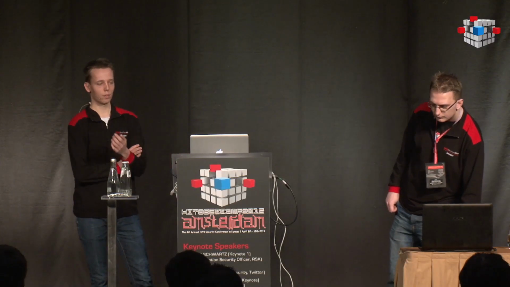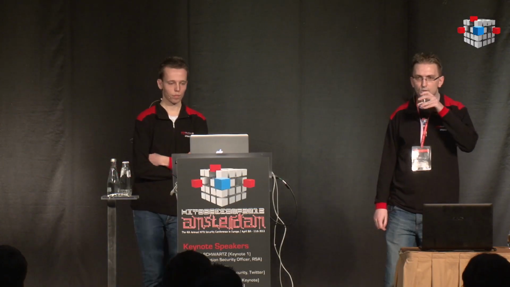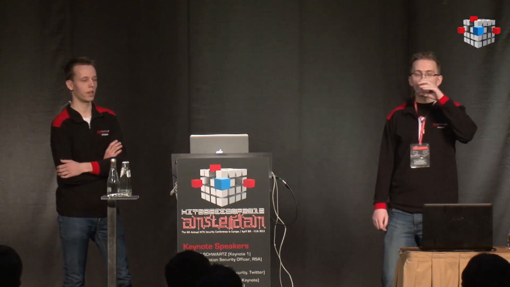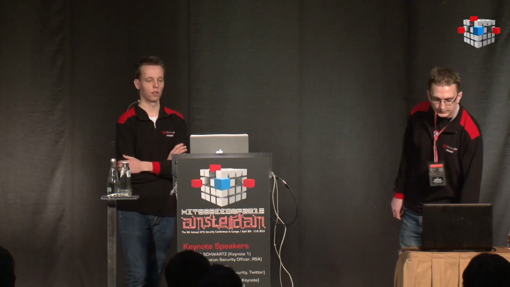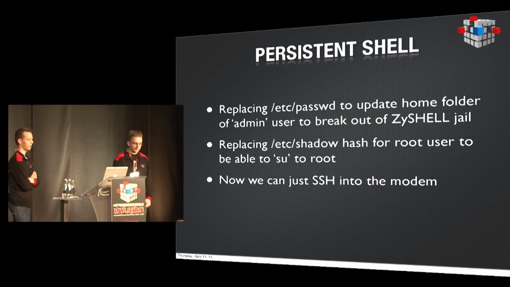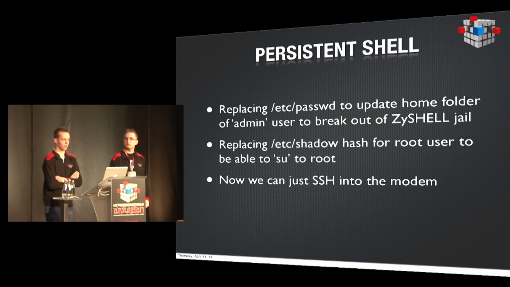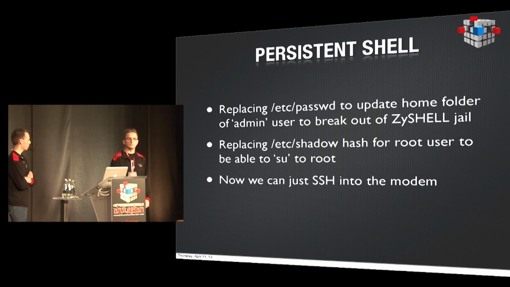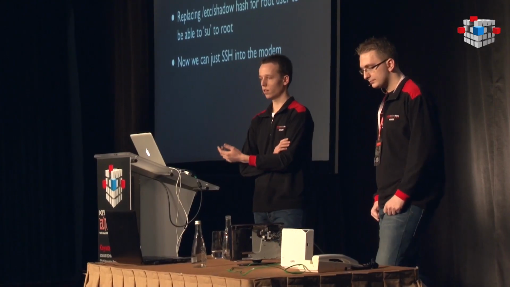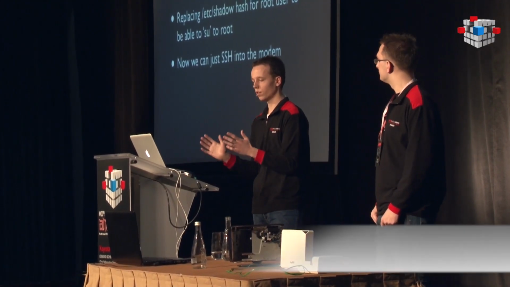So we opened up the passwd file, and we saw that the admin user was actually using a regular sh shell. So why is there a Zeiss shell and not a sh shell when we connect? It turned out that in the home folder there is a .profile file. And in this .profile file, there is an execute command which executes the Zeiss shell. So as soon as we log in, this command is executed and we're restricted to this Zeiss shell.